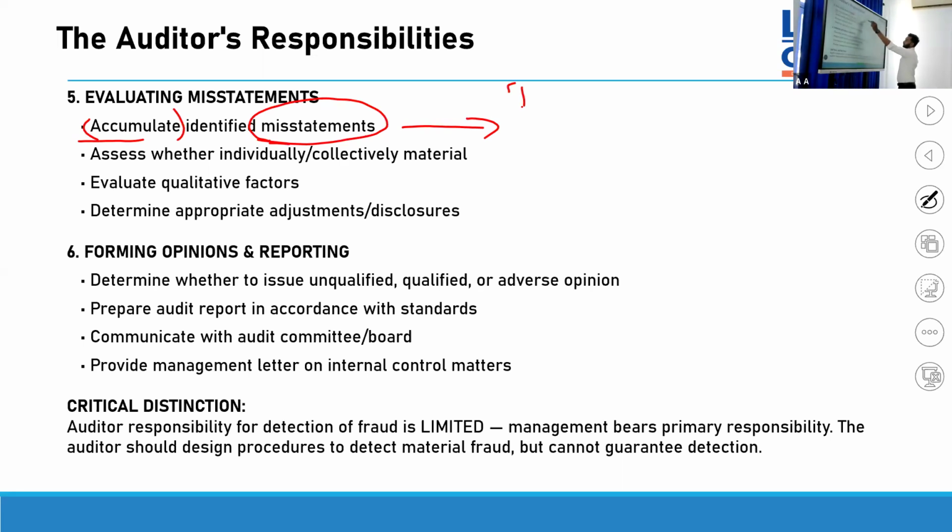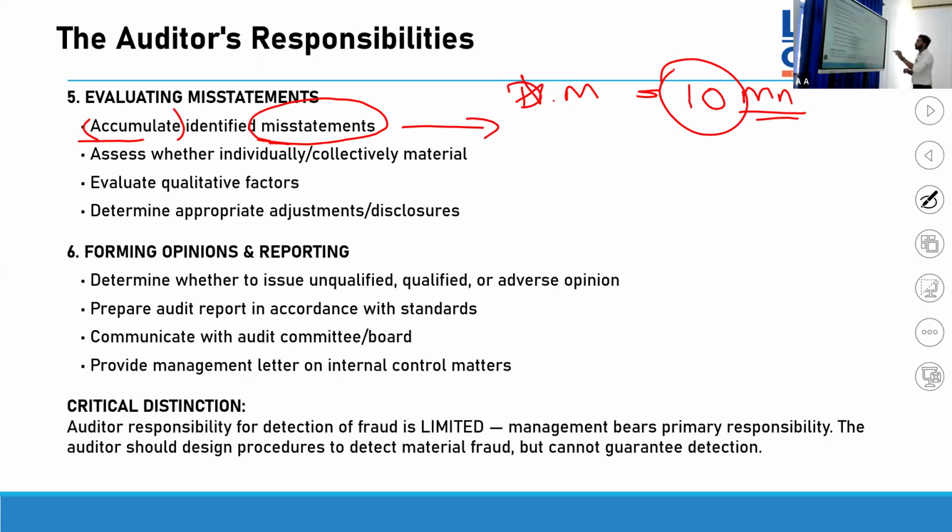You determine the materiality for the financial statement, let's assume 10 million. This is the materiality level, right? Which means if any omission or misstatement exceeds this 10 million, we consider those omissions or misstatements as material, right?